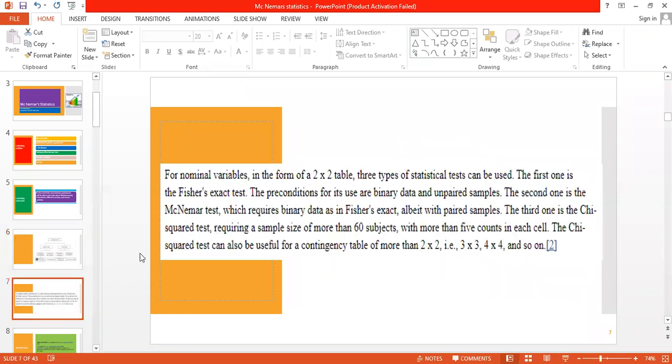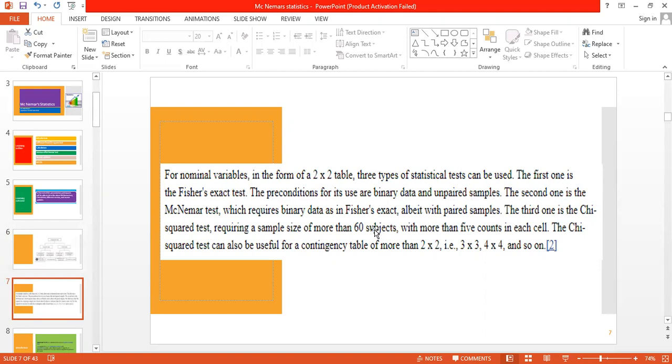For a nominal variable in the form of a 2 by 2 table, basically three types of statistical test can be used. The first one is the Fisher exact test. The preconditions for its use are binary data and an unpaired sample. The second one is the McNemar test, which requires binary data as in Fisher exact, but in a paired sample.